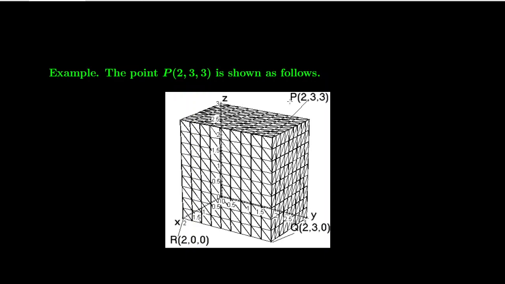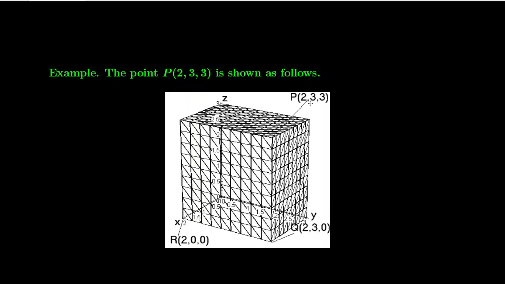I'm trying to say every point in the space, actually in the Cartesian coordinate space, corresponds to a unique triple of real numbers. These 3 numbers are called the x coordinate, y coordinate, and z coordinate. That's one way of the story.